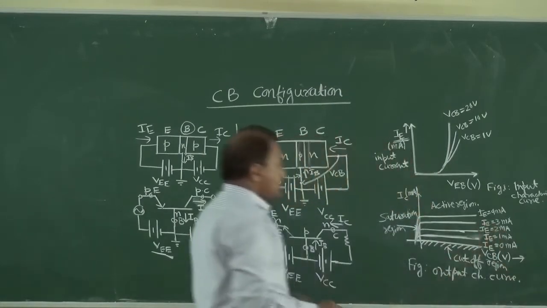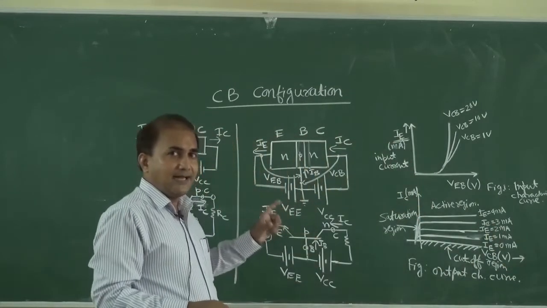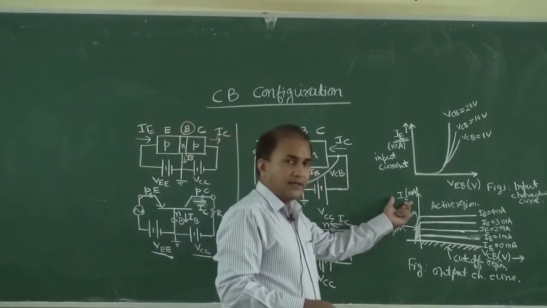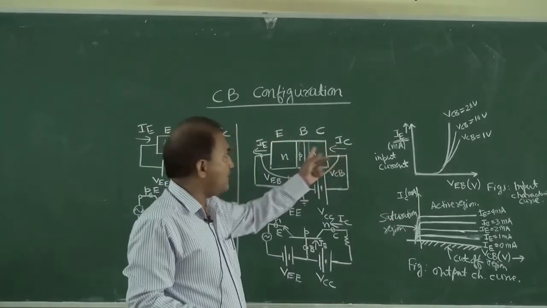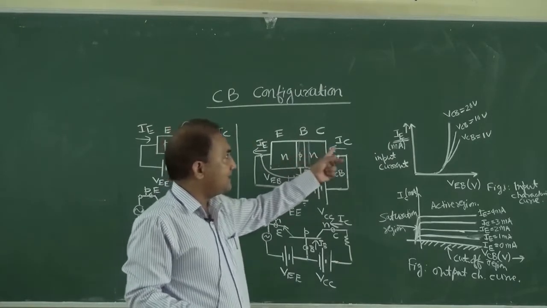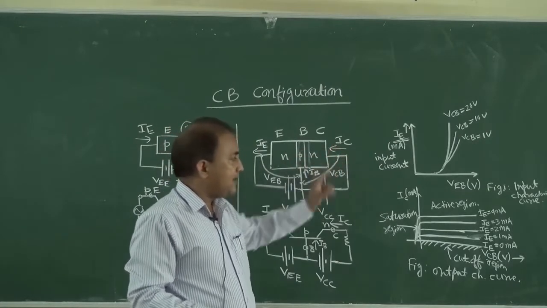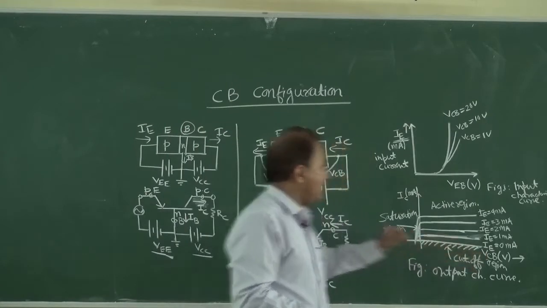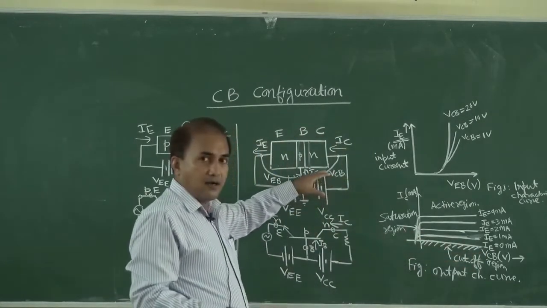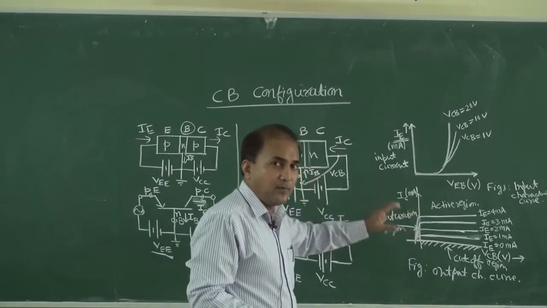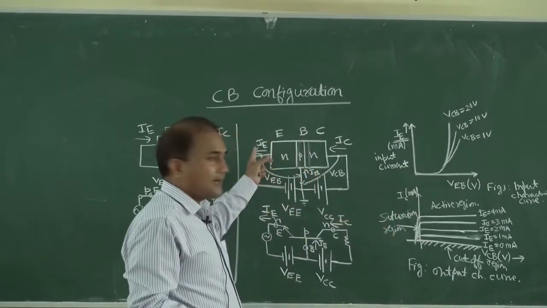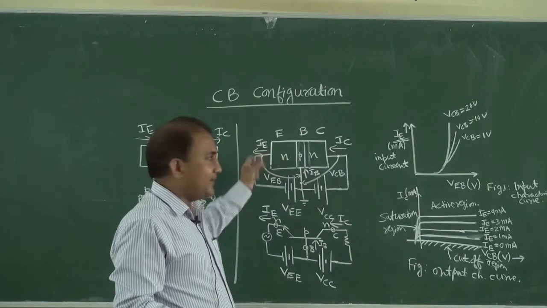The output characteristic curve is the graph between the output current, which here is IC in common base configuration, versus VCB, the output voltage, for different values of the input current, which is IE.